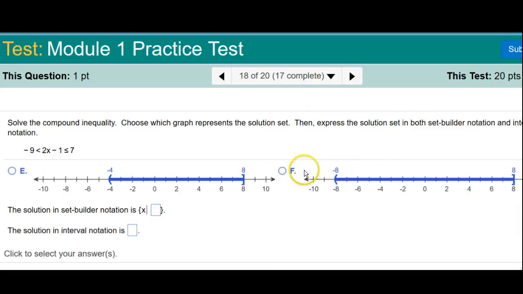Then once you have the correct graph, which I do, you have to put it in set builder notation and then interval notation. So a lot on this one.